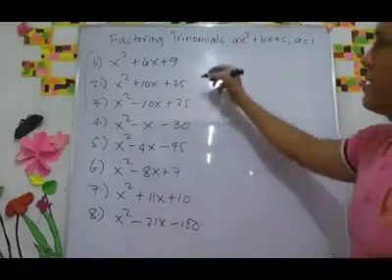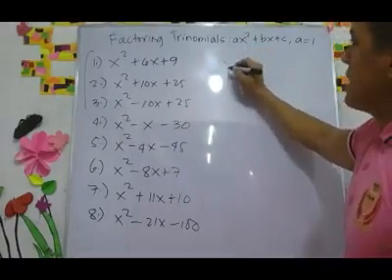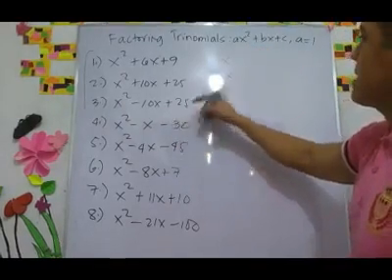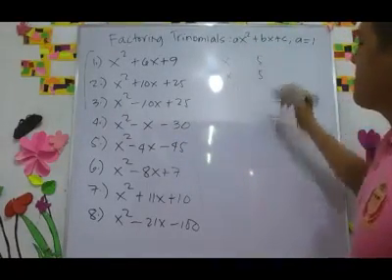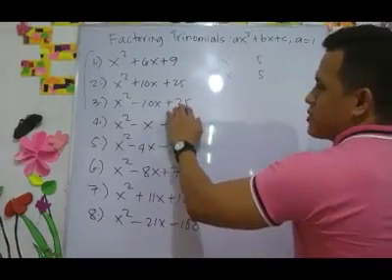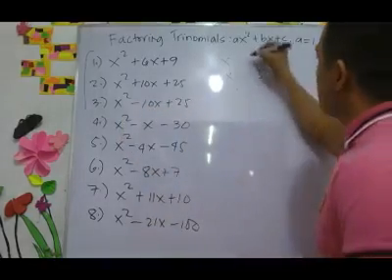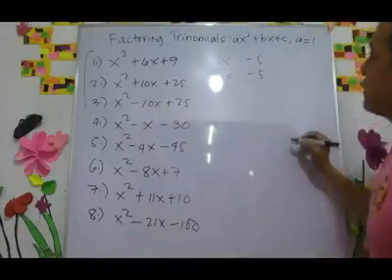Okay, number 3. Factor the first, so we have x, and then for the last, 5 and 5. Look at this, teachers. The last term is positive. What are the factors of 25 that, if you add them, will give you negative 10? So we have minus and minus, okay?